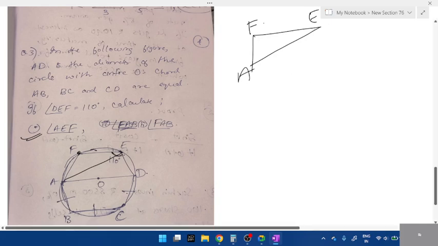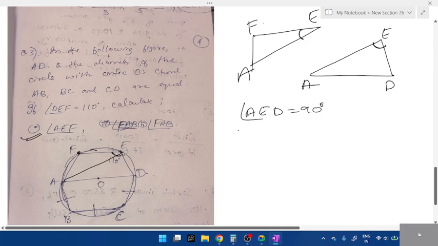Respond, all of you. How do you find AEF, students? AD is the diameter. So what is the angle formed? AED. AED is equal to 90. What is the total angle E made up of? No, no, AED plus.